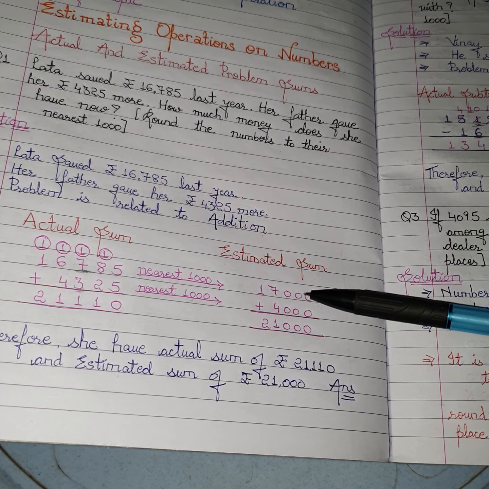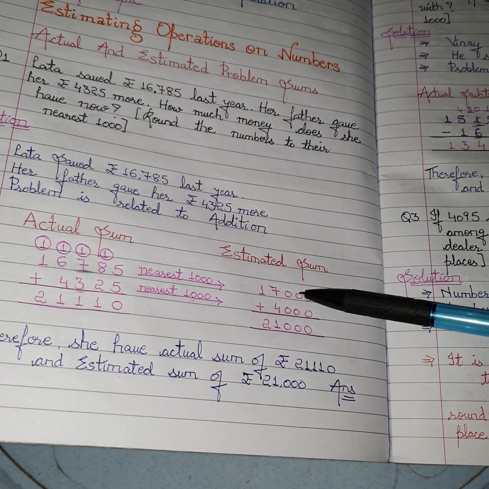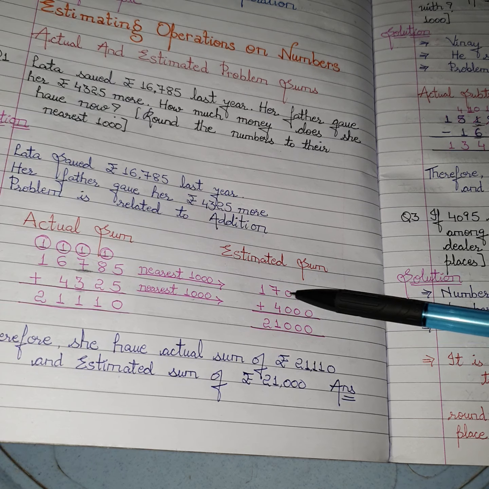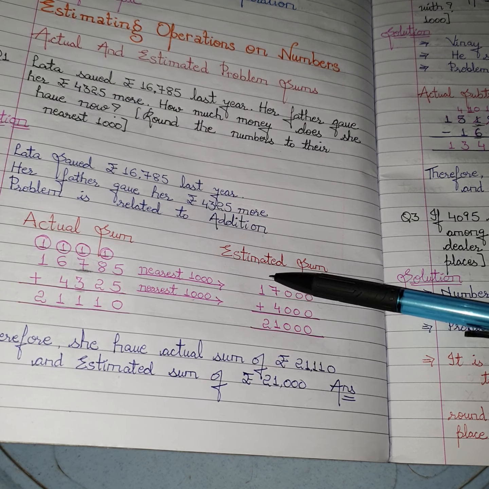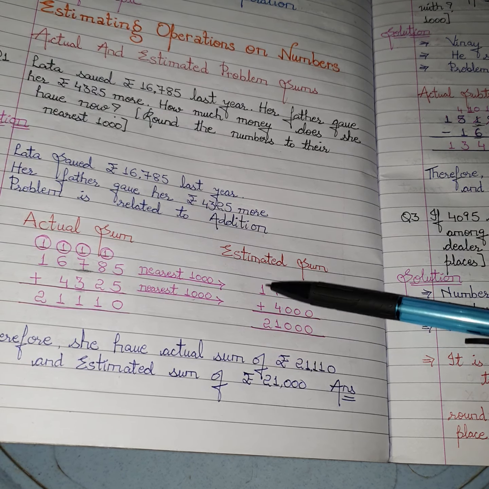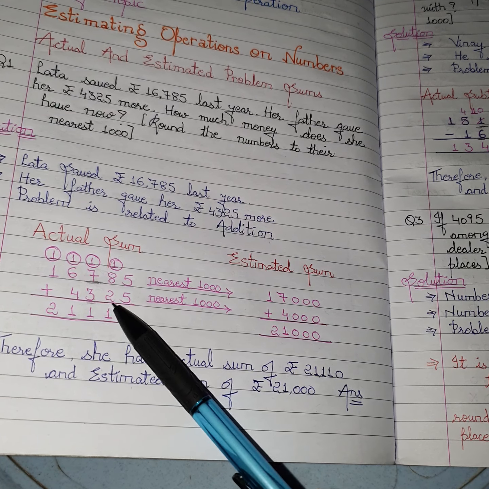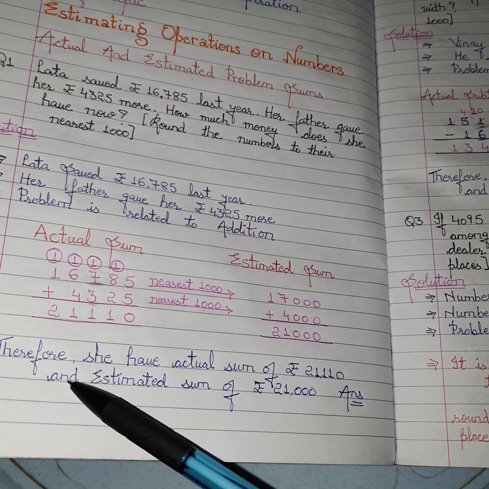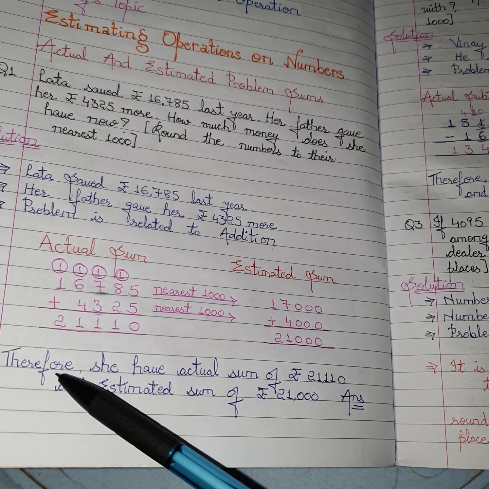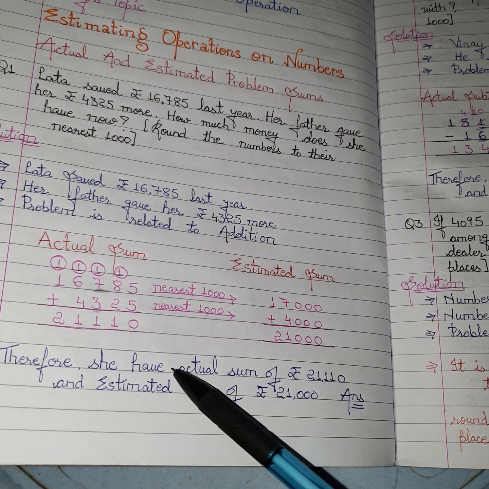Now here we will be adding these two, the estimated sum. 0 plus 0 is 0. Then 7 plus 4 is 11, 1 carry over, 1 down, and 1 plus 1 is 2. So this is the estimated sum, and the sum which we calculated earlier was the actual sum. Then we will write the final statement for the question, and it will be: therefore she has.